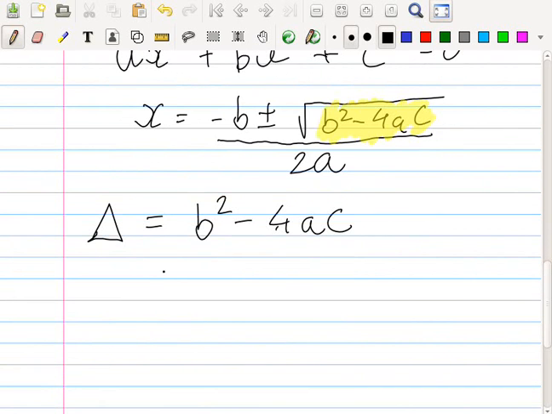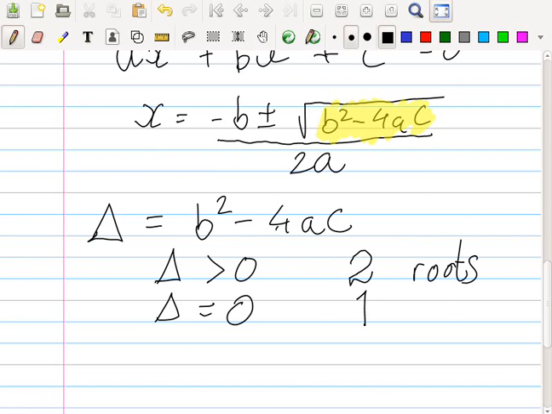So our three cases are: discriminant is positive, which is the best case. We say there's two solutions or two roots. Discriminant is 0, then we say there is one root. Or you could say there's two roots, but they're actually the same, like x equals 3, x equals 3.